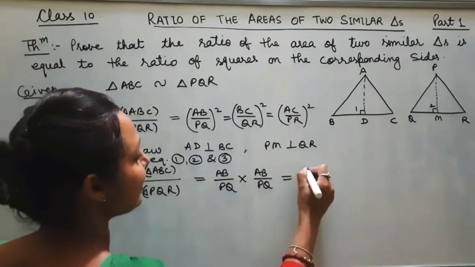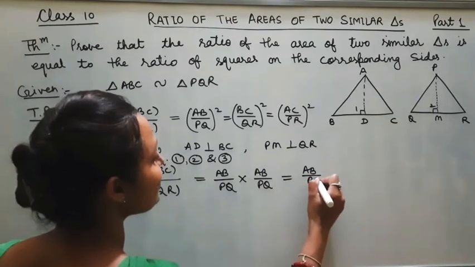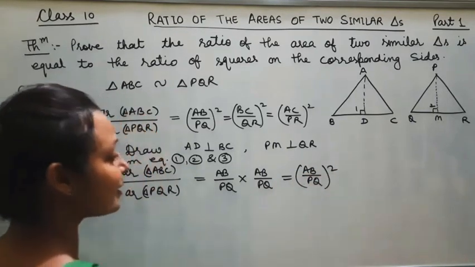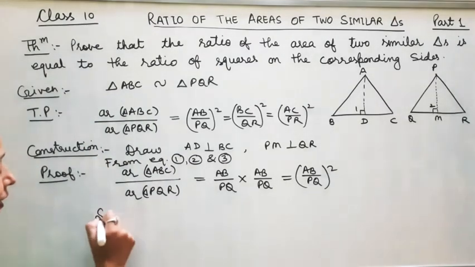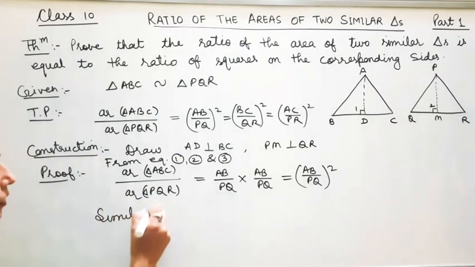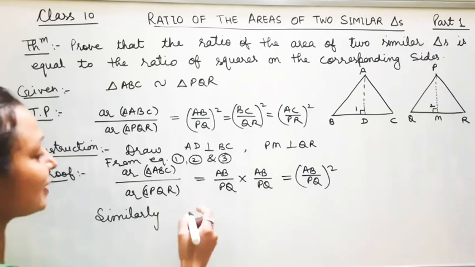This implies AB upon PQ whole square. Similarly, I will replace these two.